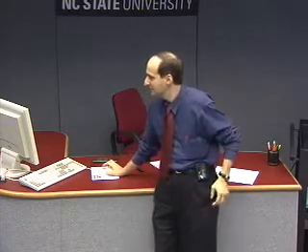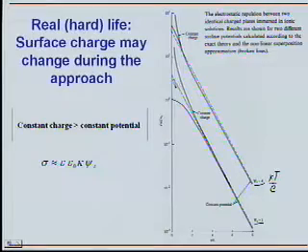And this is what happens if you calculate the force using the formula that we have, and if you do the real experiments by bringing those surfaces together and measuring the force.